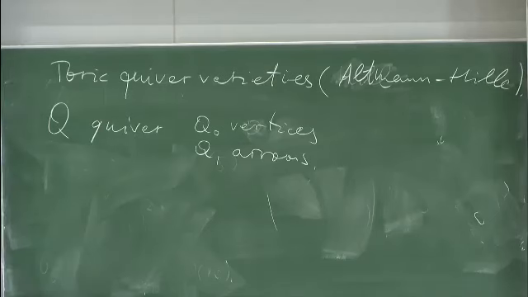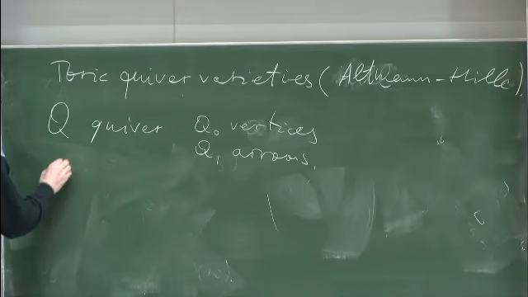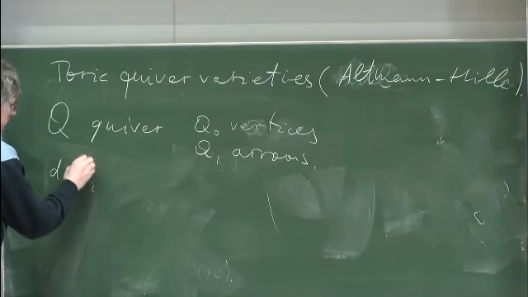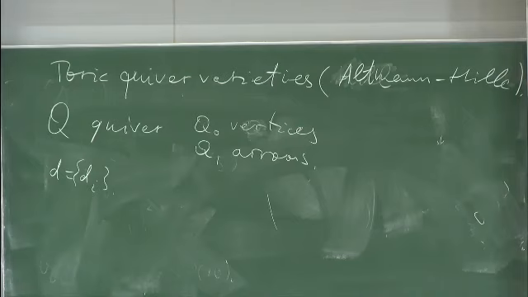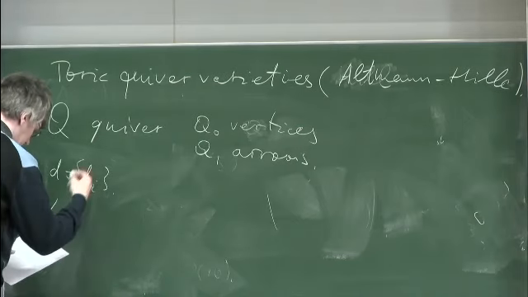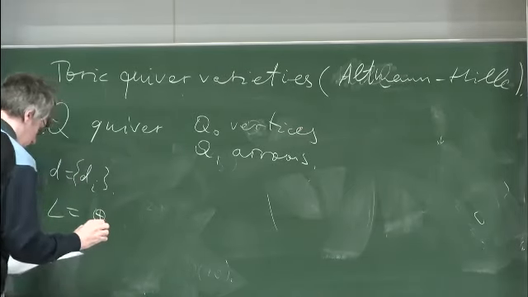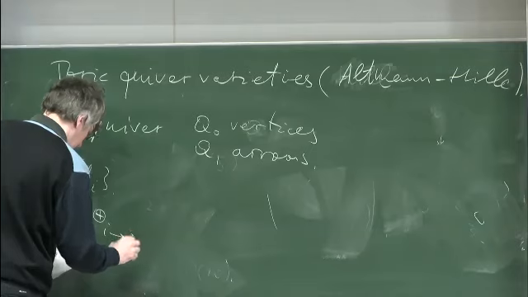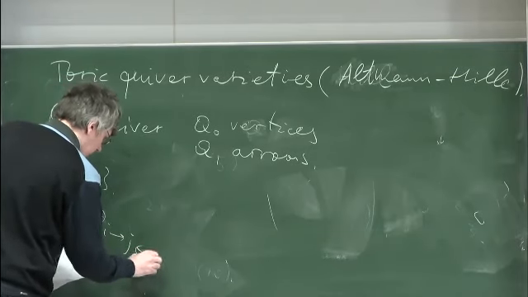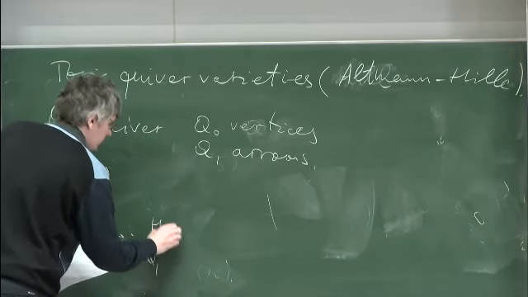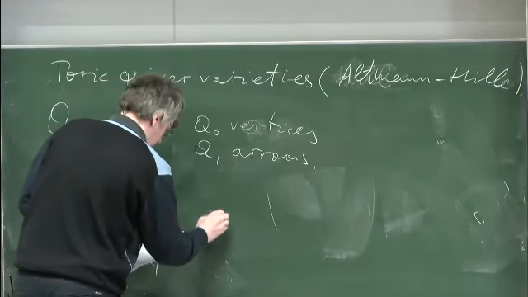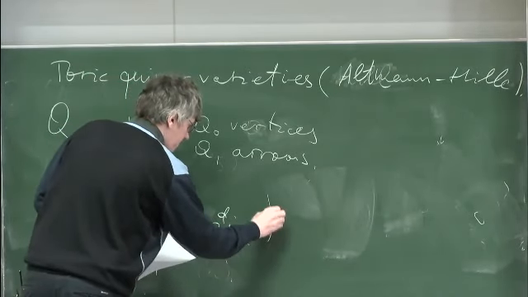Then we consider a moduli space. So we fix some dimension vector d, where every vertex i has some number d_i over it. So we consider the space of representations of the given dimension vector d. To describe this, it's a very simple thing. We take all arrows in our quiver and consider the Hom space from C^{d_i} to C^{d_j}.